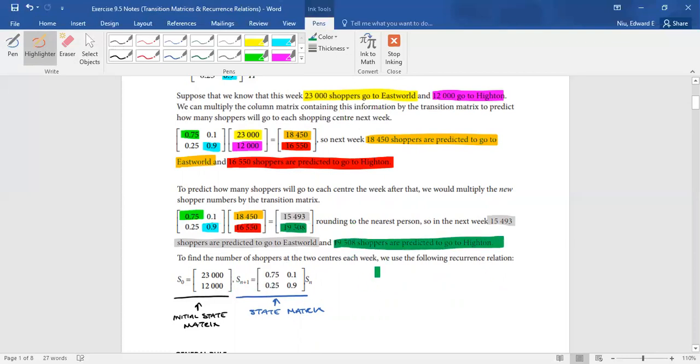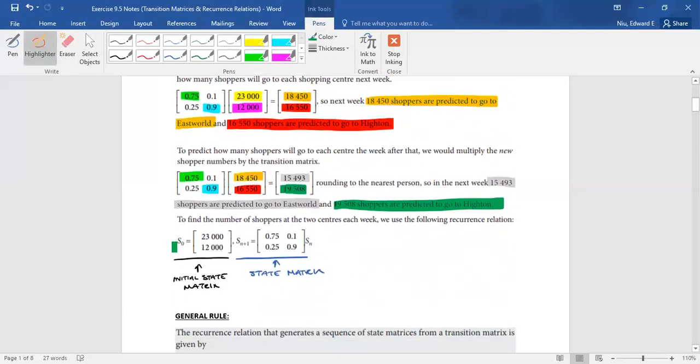And then what we've established is a relation. What we started with, 23,000 at Eastworld and 12,000 at Heighton, is what we would call the initial state matrix. Just like in recursion, when we had the V0 value, this is basically the starting point. So the S0 is what we call the state matrix.